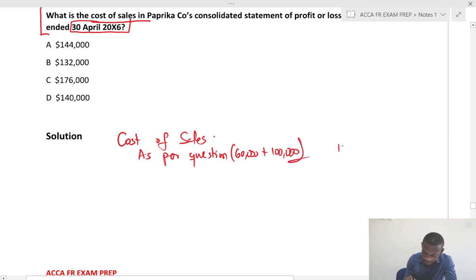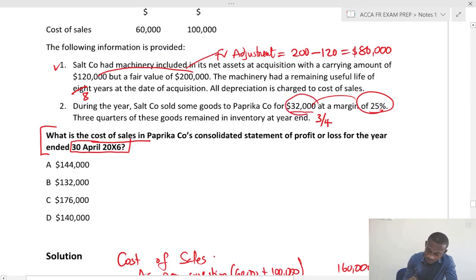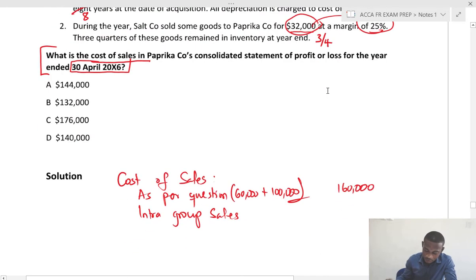And remember, this is a multiple choice question, so you have to be very fast. Now there's intra group sales, and the sales made during the year was 32,000, and that should be taken off.